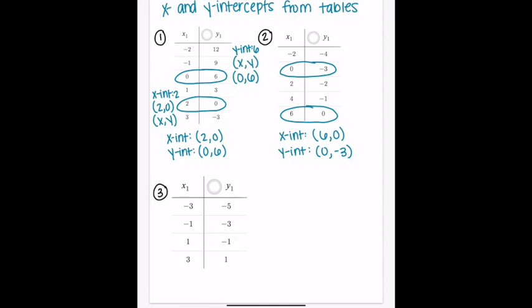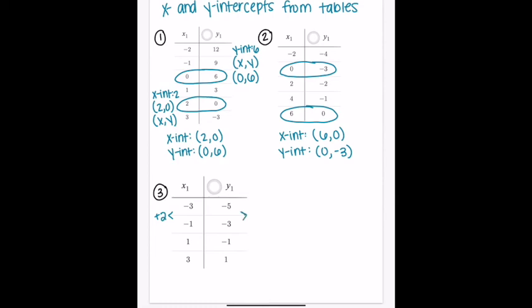Now the next one, example 3, notice we don't have any zeros in the table, but since this is a linear table, what we can do is use the rate of change or the slope to determine where those zeros would be. So let's look at our rate of change. From -3 to -1, that's going up by 2.